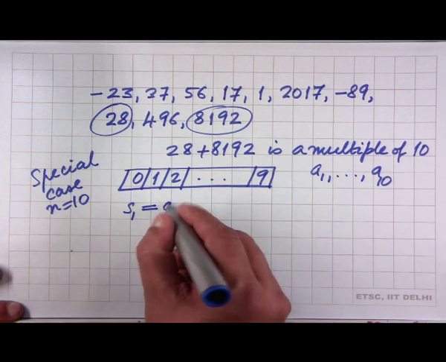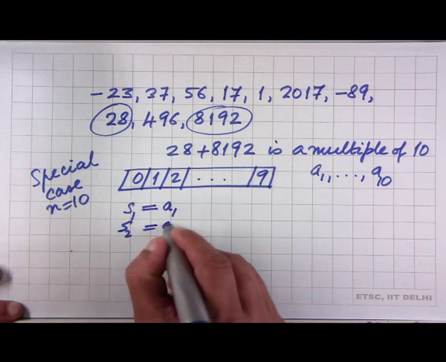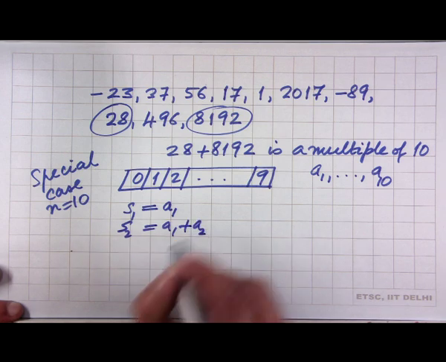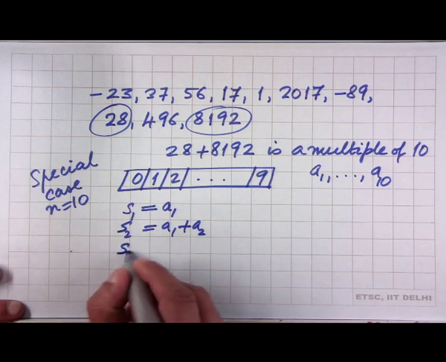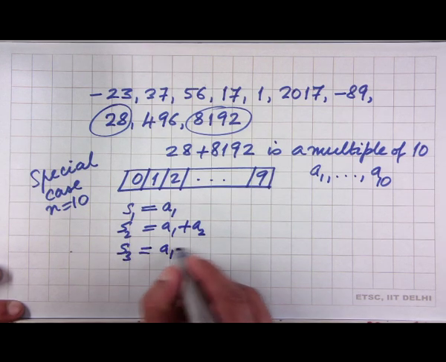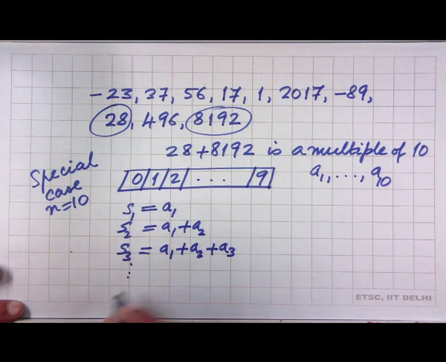For the first sum, I will consider just the first number. For the second sum, I will take the first 2, and therefore it matters what your sequence is. For S3, I will take the first 3 in the sequence, A1, A2, and A3, and so on and so forth. And my last sum, S10, will be the sum of all these numbers.